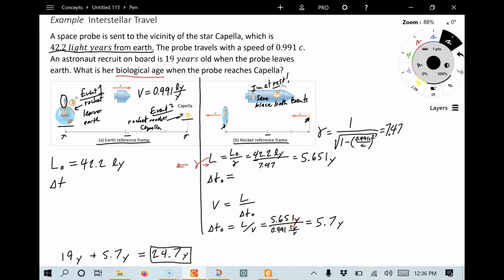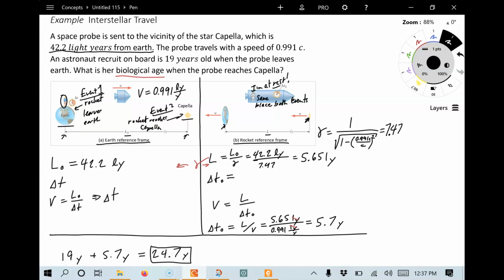Now, I want to show you another way to do this, which will demonstrate that for the Earth observer, more time has elapsed. So let's use the constant speed equation in the Earth observer's reference frame. For the Earth observer, the speed v is the distance L0 divided by the time delta t. We want to calculate delta t here.